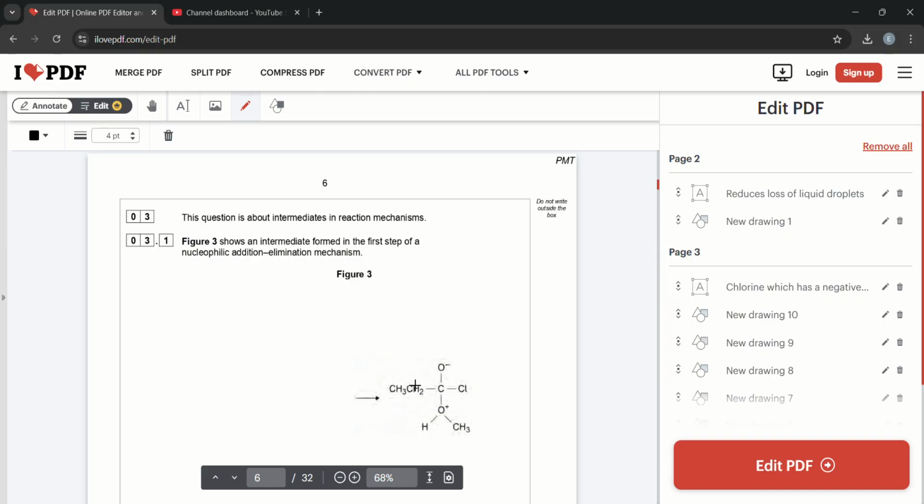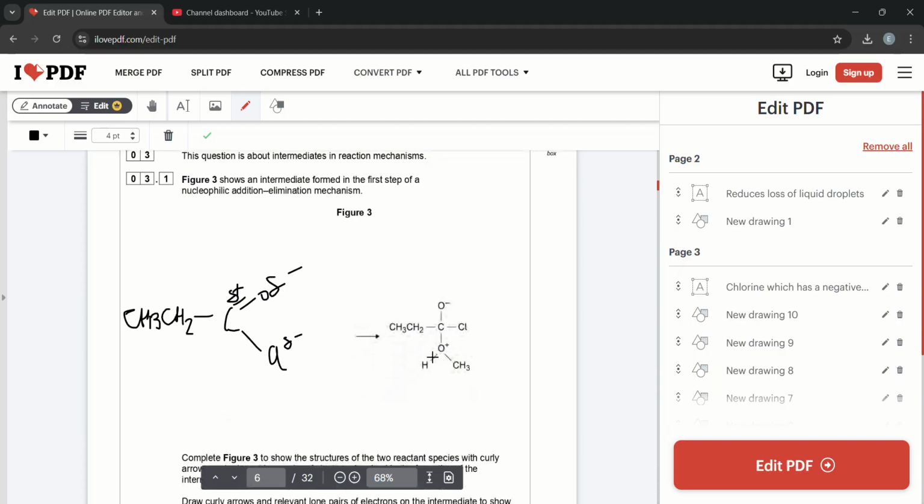So this is just testing how well you know your mechanism. What we should know is that what we're going to have is an acyl chloride. So we're going to have the CH3, CH2, C double bond O, Cl, partially negative, partially positive, partially negative.